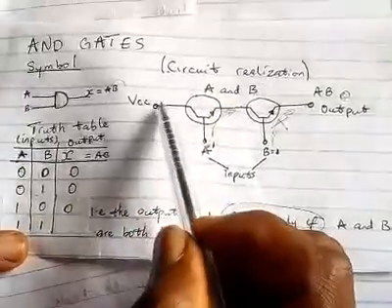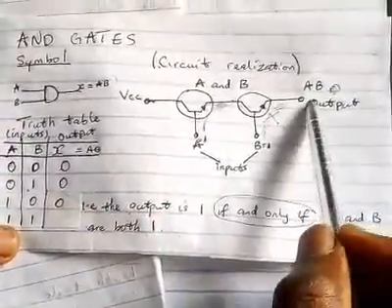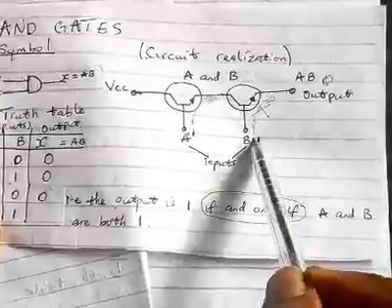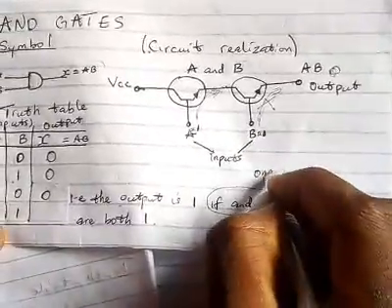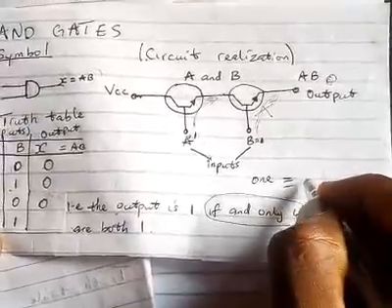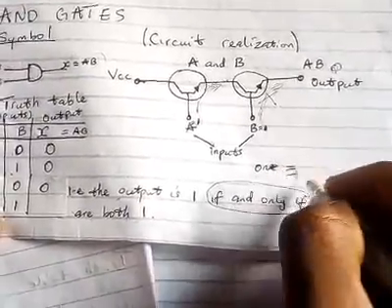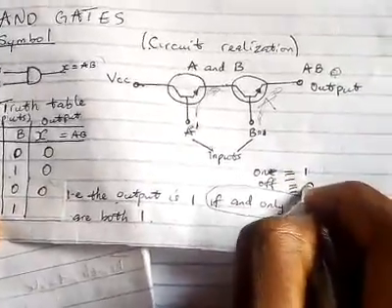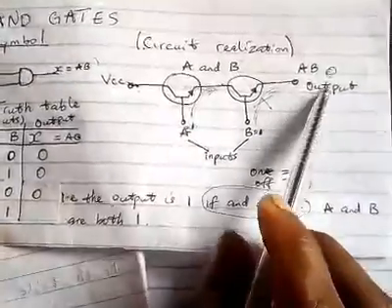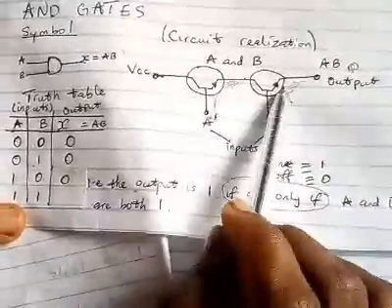So I can only pass current from here to this place if A and B are both on, that is 1. Now, on means 1, and off is equivalent to 0. So current cannot flow from here to here unless both of them are on.